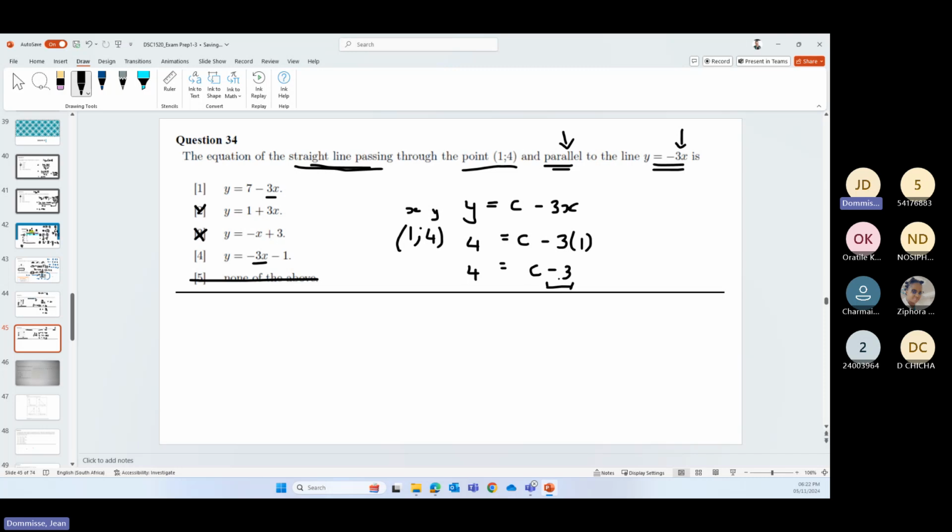So 4 plus 3 is equal to 7. So we've got the value of C. Now our final straight line is y is equal to 7 minus 3x. If you look at our options, y is equal to 7 minus 3x is option 1.